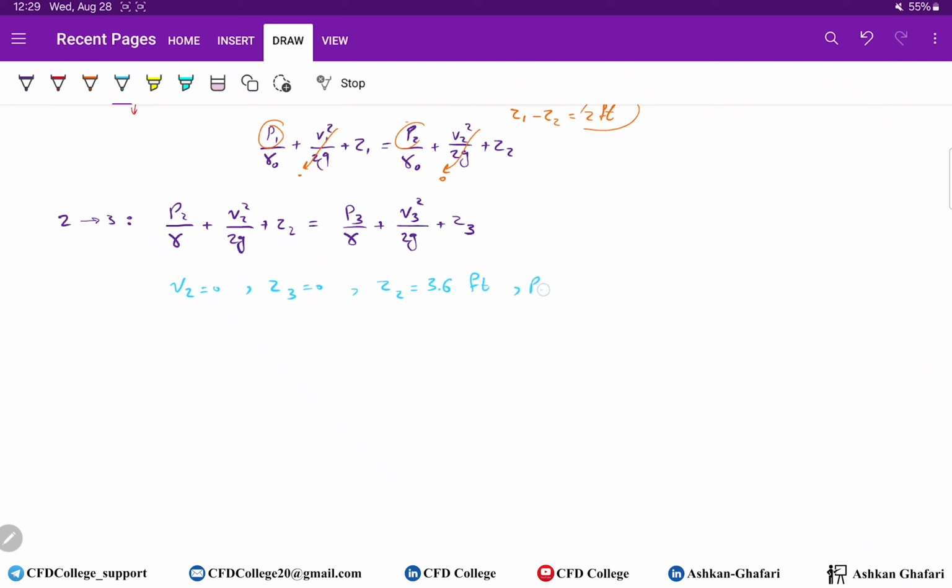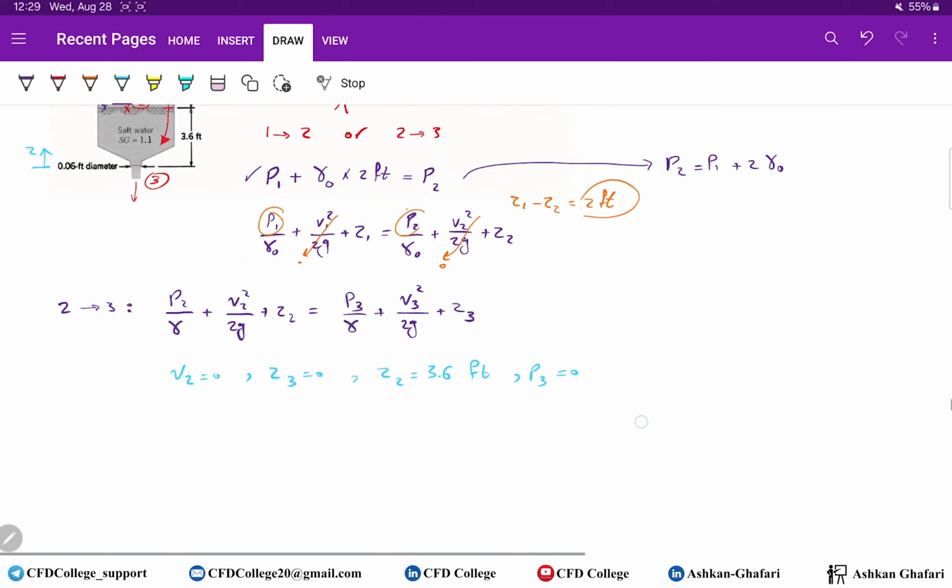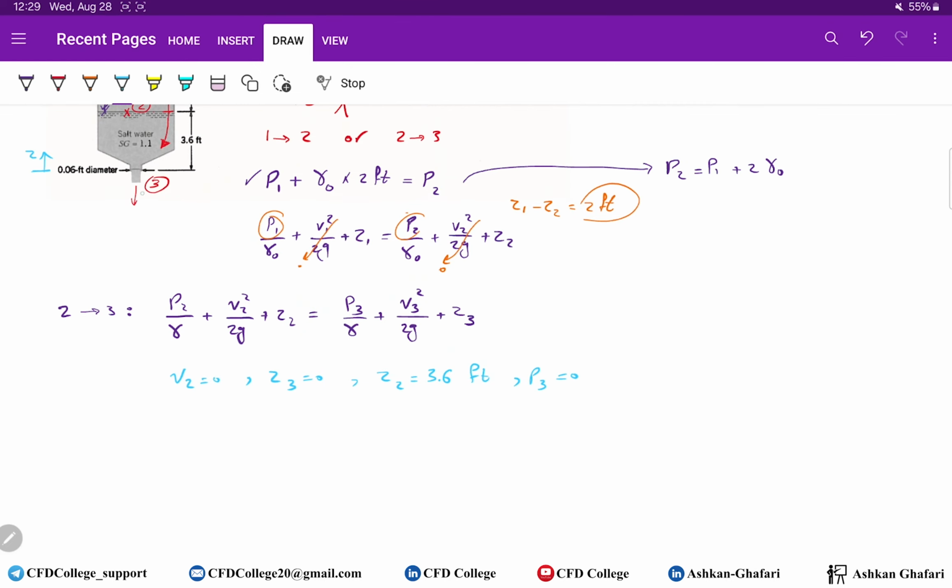P3 is 0 because we are working with the gauge pressure, and here we have atmospheric. It's an exit, it's an outlet. So this term is 0, this term is 0, and this term is 0. We know this term and this term.